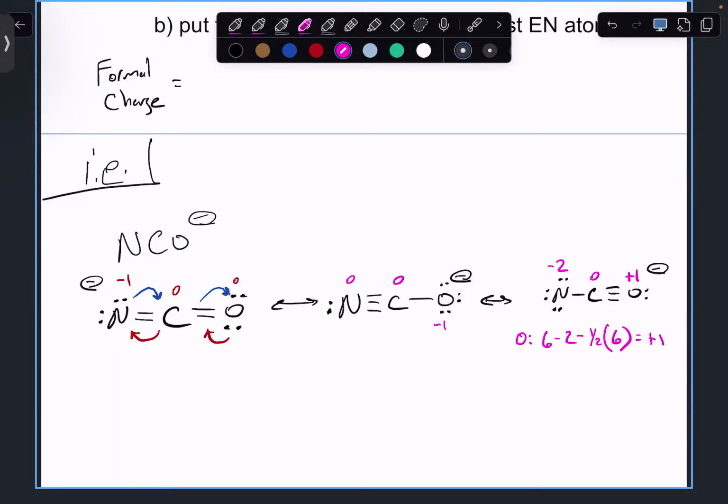None of them are neutral. So next, we want the formal charges to be as small as possible. So you have a 0, 0, -1, a 0, 0, -1, and a 0, -2, plus 1. So that's not great. I'm going to call that my worst.